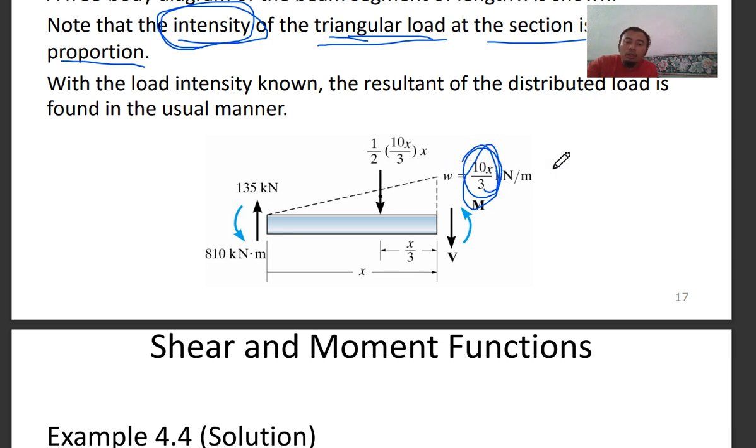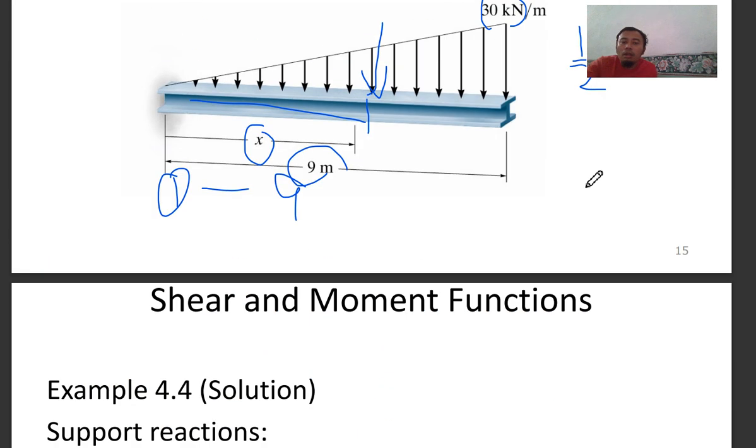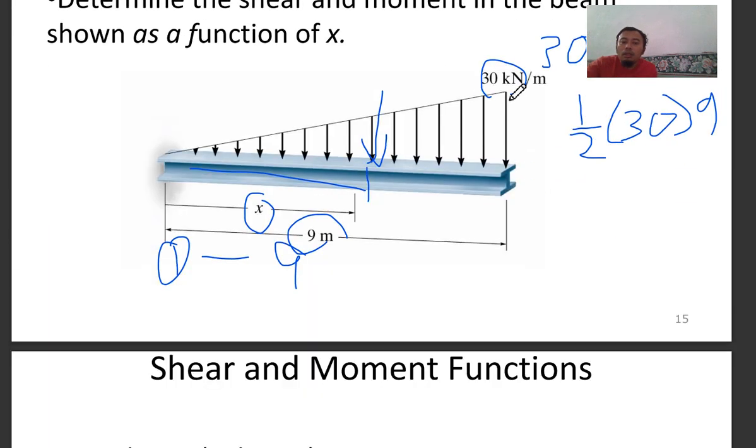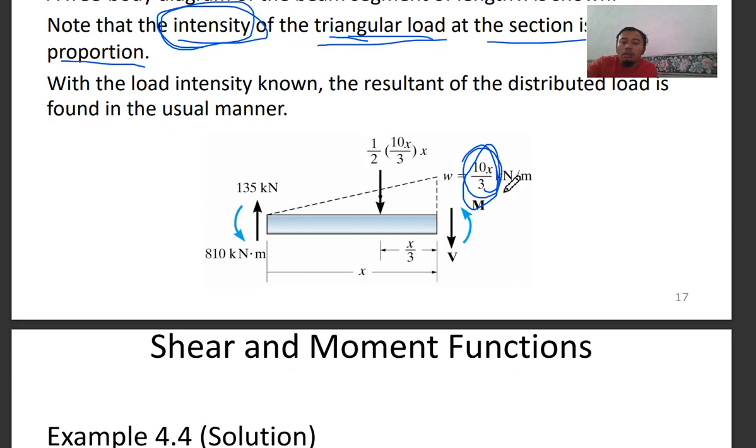It will be 30 over 9 times x. So you get your load here at x.